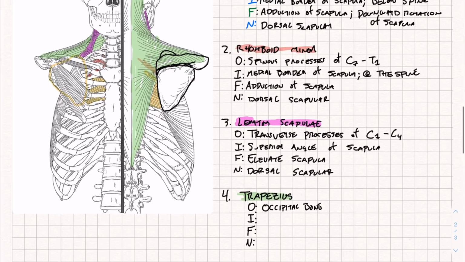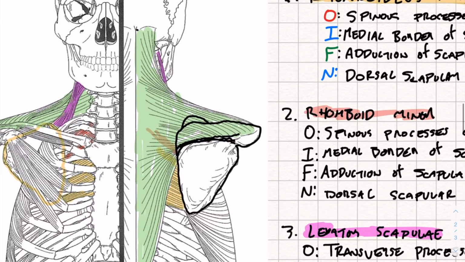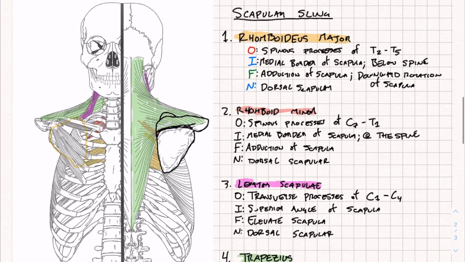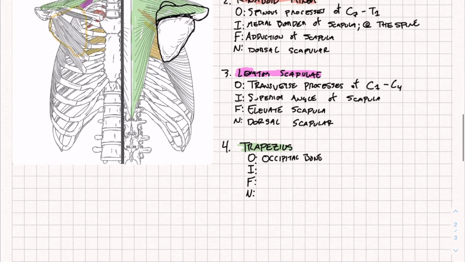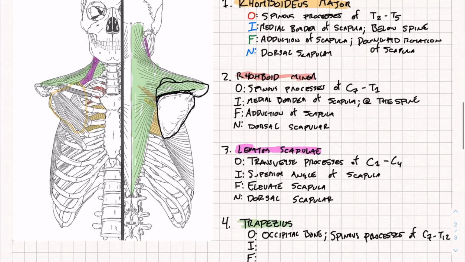And then as it comes down here, it gets kind of tendinous. It becomes this tendon here called the nuchal ligament. And we just kind of skip over that. So the occipital bone, and then it also goes from spinous processes of C7 to T12.